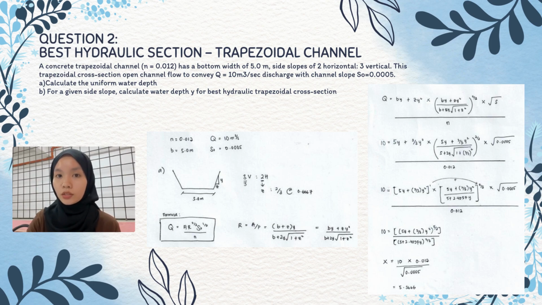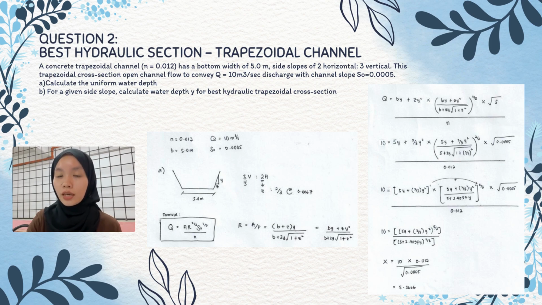We are given Manning's roughness coefficient that equals 0.012, design discharge Q equals 10 meter cube per second, channel bed slope that equals 0.0005, bottom width 5 meter, and the side slope given as 3 vertical to 2 horizontal. This gives us a side slope ratio Z equals 2 over 3.